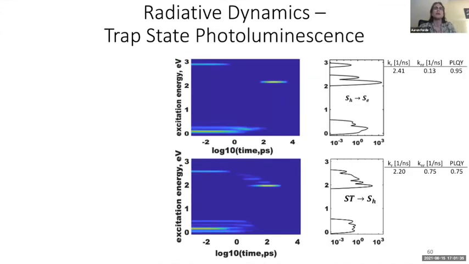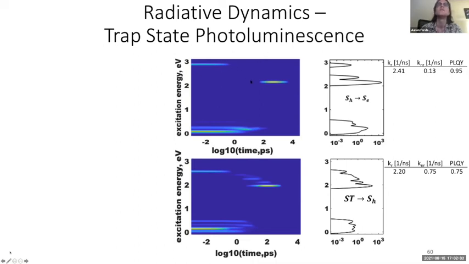Then when we look at the radiative dynamics, we first look on the top half of the screen for the perfect, pristine surface. There are some hot carrier signals up to, what would this be, 10 to 100 picoseconds.